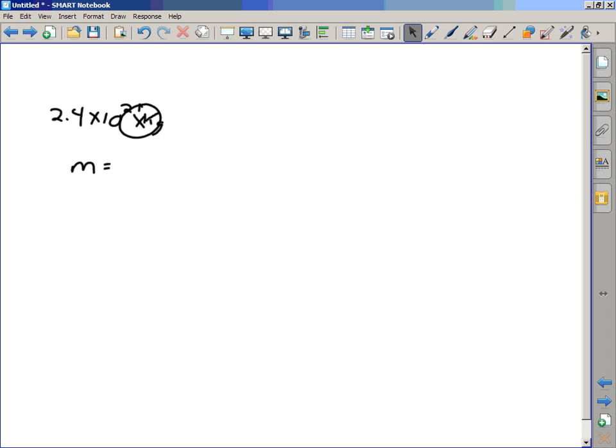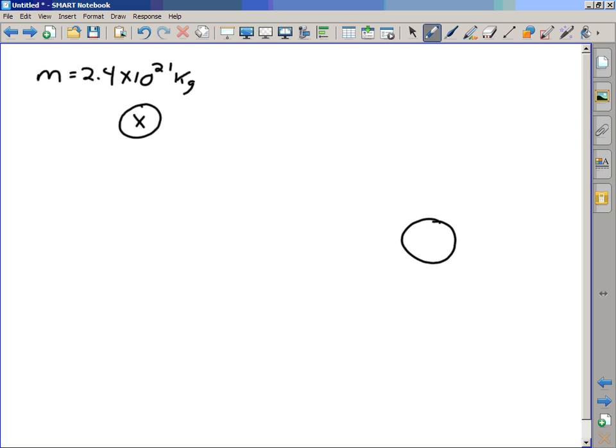There's one other planet over here, planet Y, with a mass of 3.2 times 10 to the 21st kilograms.